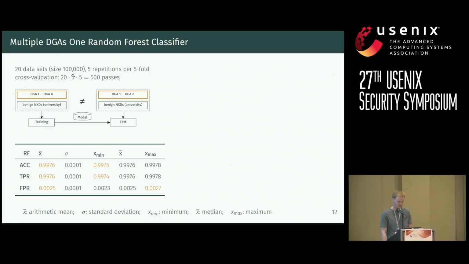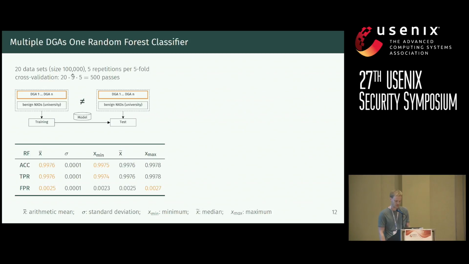For this, we performed 5-fold cross-validations on 20 data sets of size 100,000 and performed 5 repetitions with fresh folds, which results in 500 passes overall. For this test, we performed training and testing using benign NXDs from the university network and domains from DGA1 to N, overall 59 different DGAs.